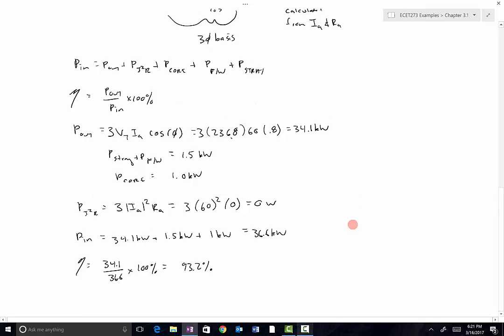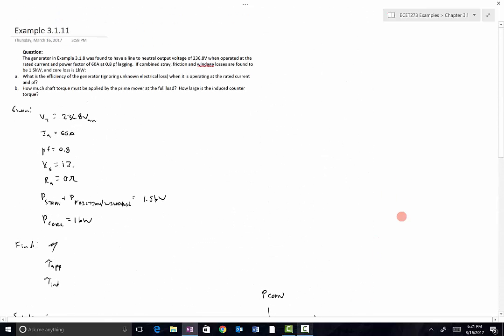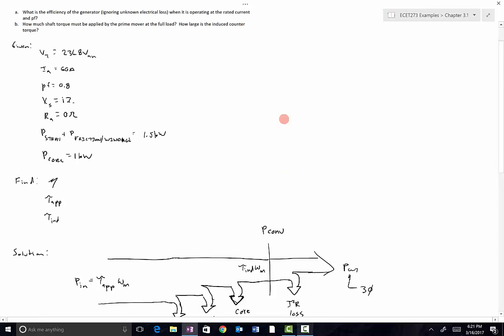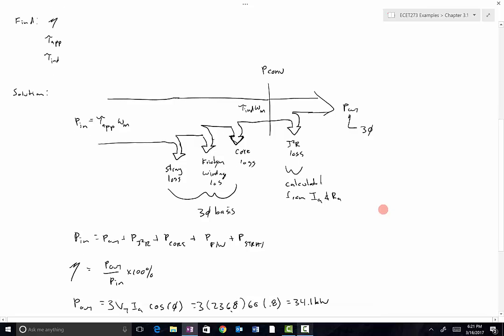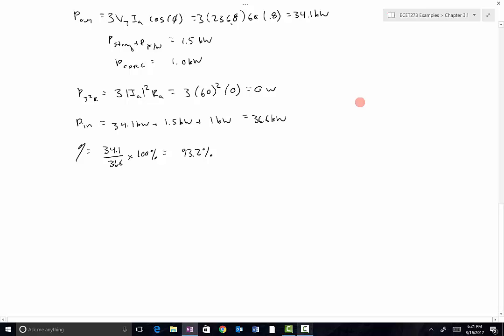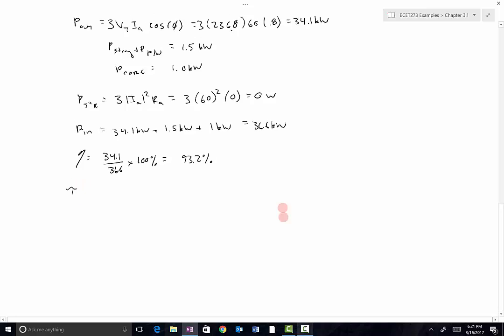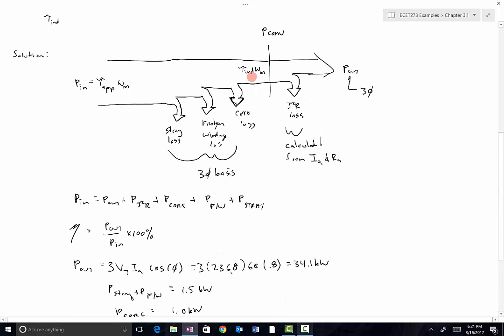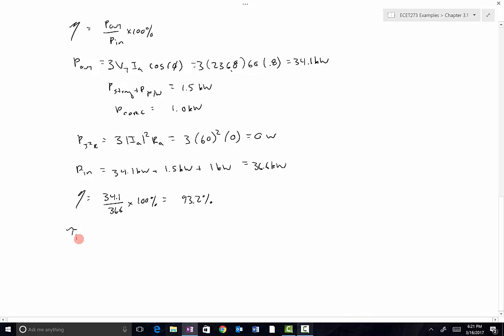So that's part A. Part B was asking us to determine the applied shaft torque and the induced counter torque by the armature reaction. This is the applied torque by the prime mover, and this is the induced counter torque. I'll start at the output: T induced times omega m is equal to P converted.